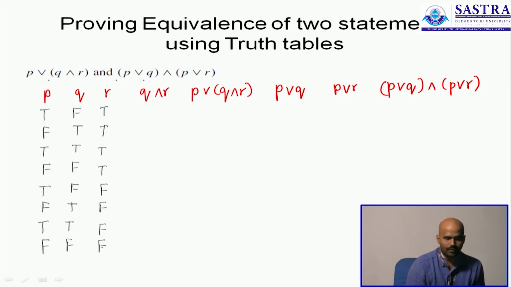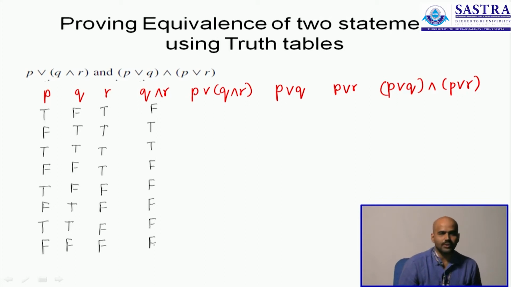So Q and R, it's a conjunction. We have seen what happens when a conjunction happens. It takes a true value only when both involved statements are true. It's false in all other cases, and therefore only rows 2 and 3 return a true value.